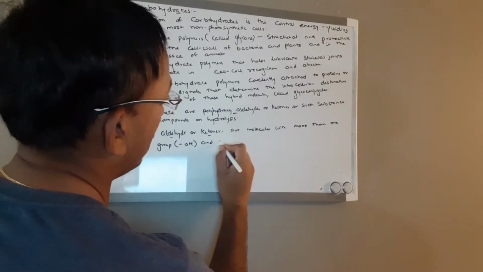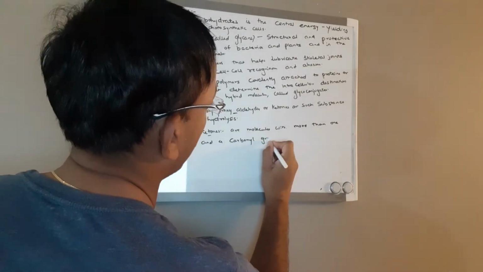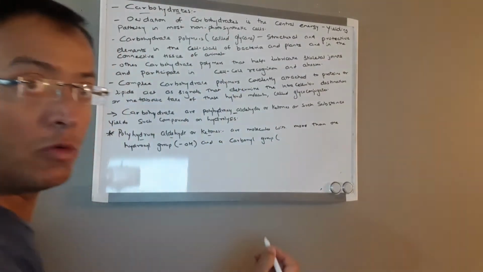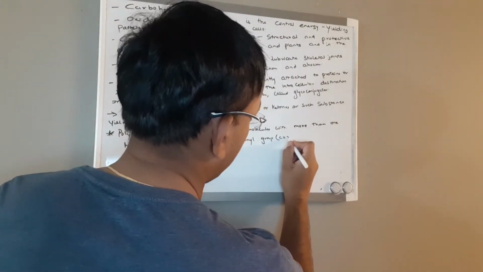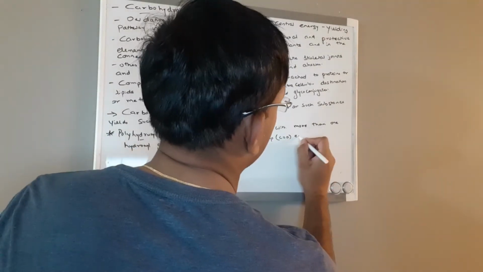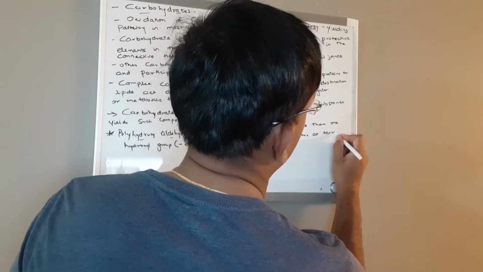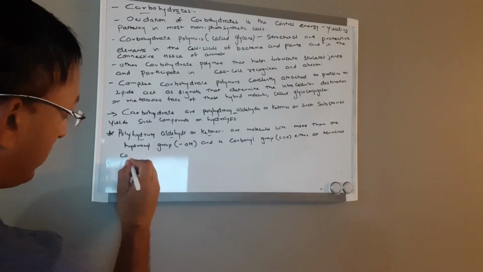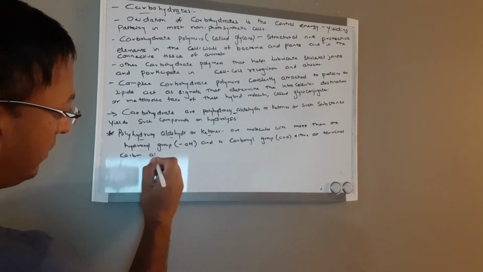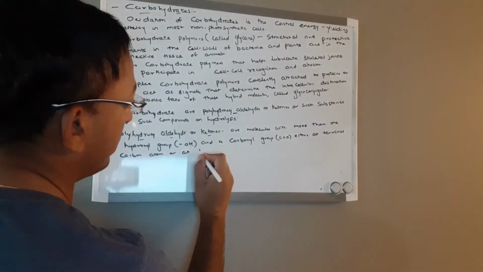And it also has a carbonyl group, and the carbonyl group is represented like this, right? Carbon and the oxygen, correct? The carbonyl group is either at the terminal carbon atom at the end or at the second carbon atom.